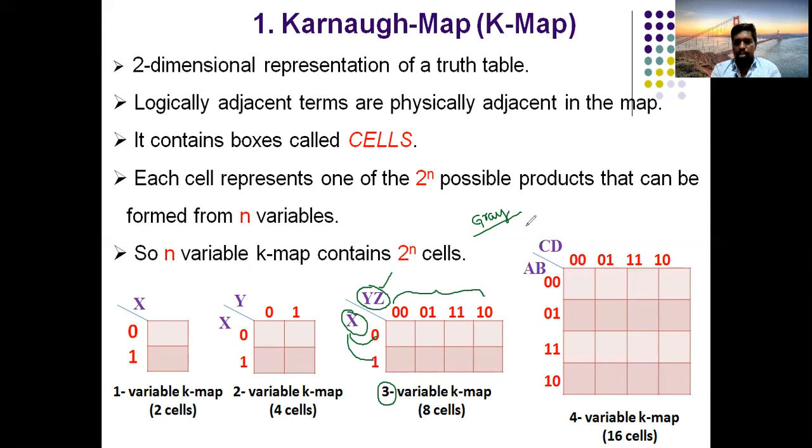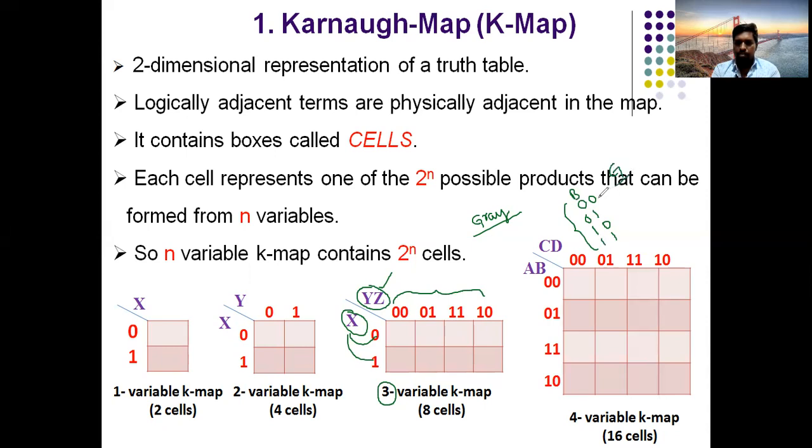So what is the gray code system? In general, if 2 variables are there, we have 0 0, 0 1, 1 0, and 1 1. These are the 4 combinations we have when we use a normal binary system. But it is not binary. They are asking to follow the gray code.